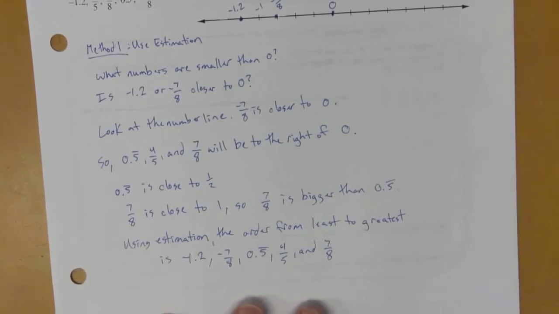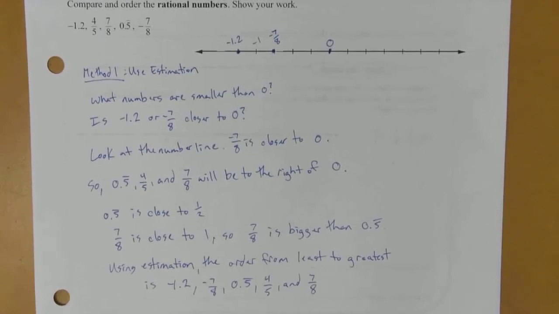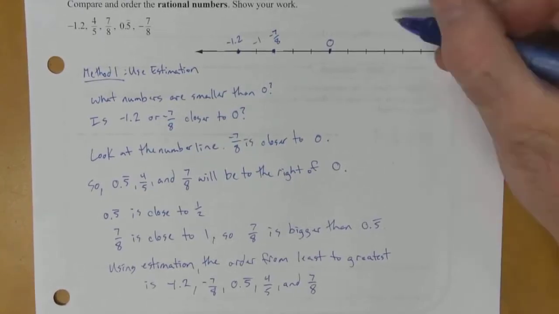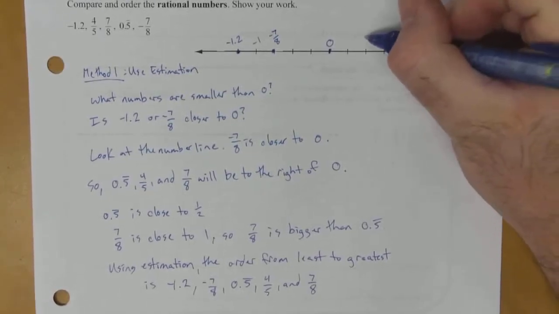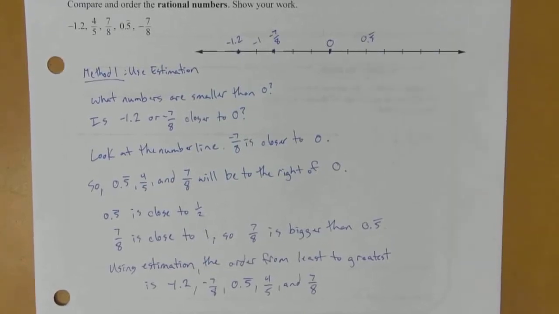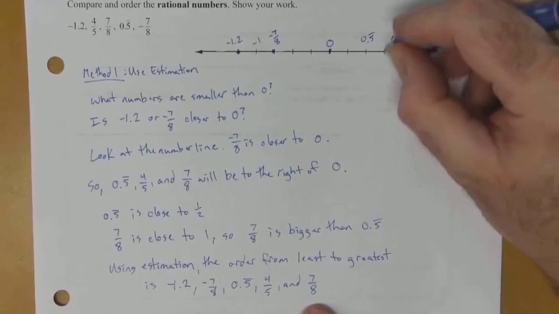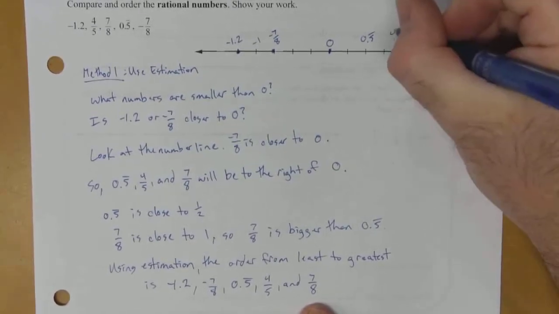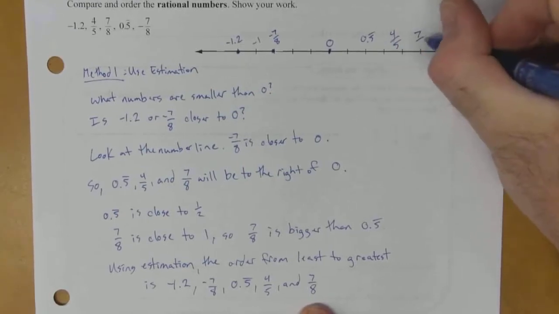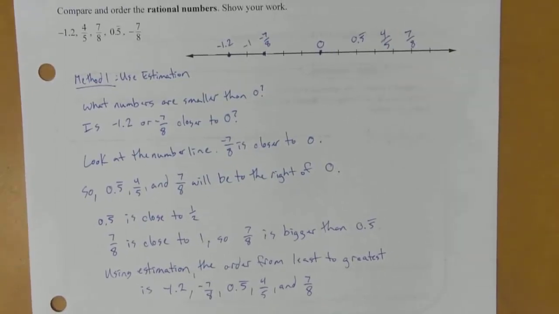And we can sort of put those on the number line here as well. We can put 0.5 repeating somewhere over there, 4/5, and then 7/8. That's pretty rough.